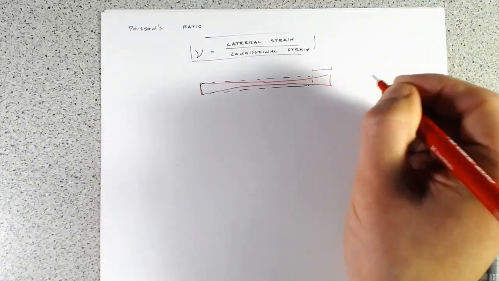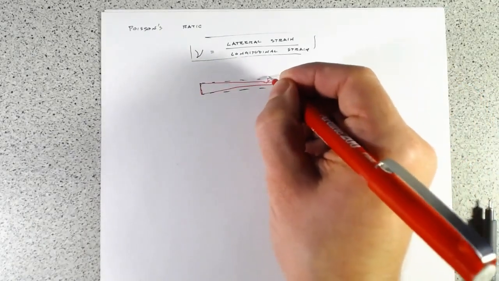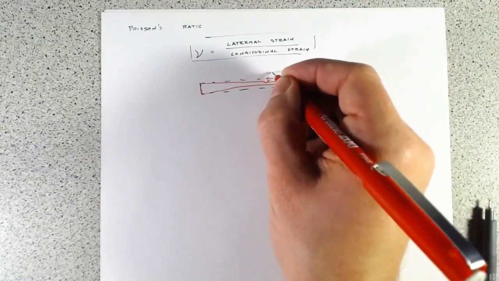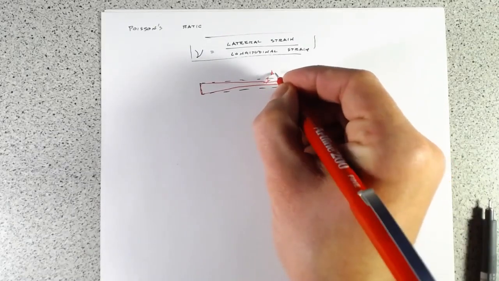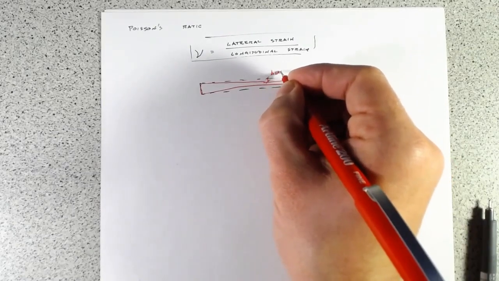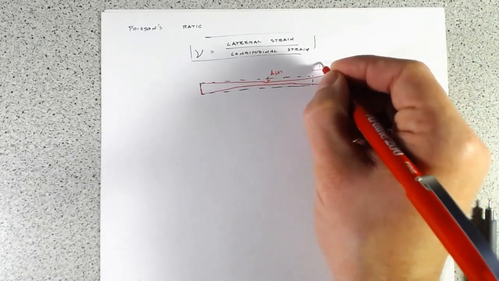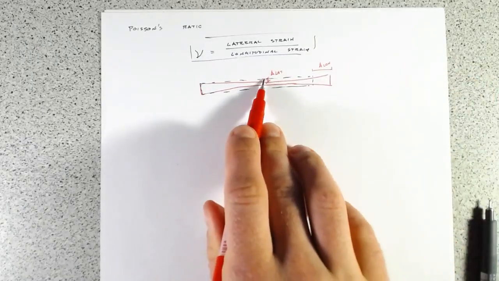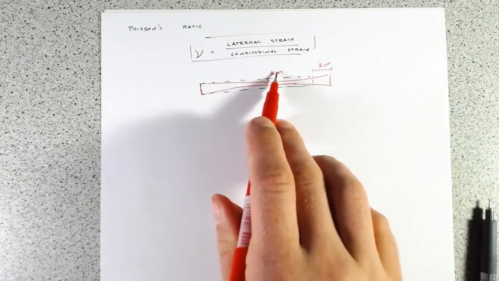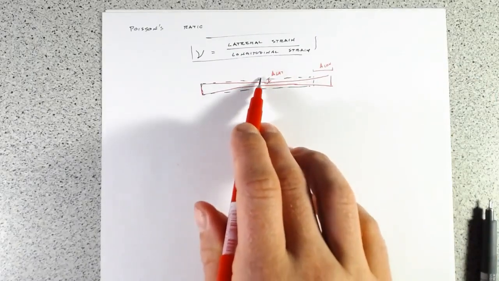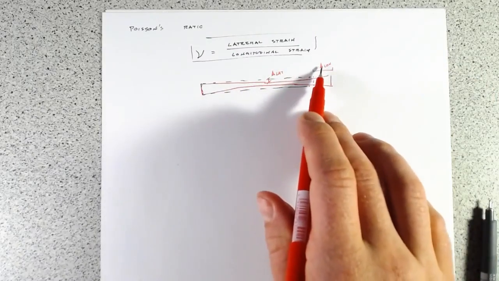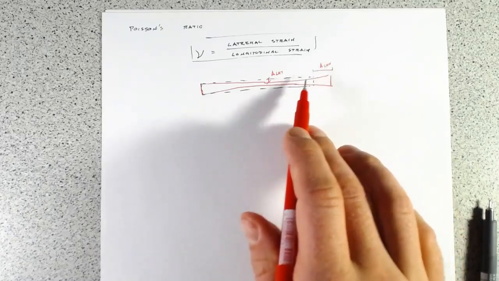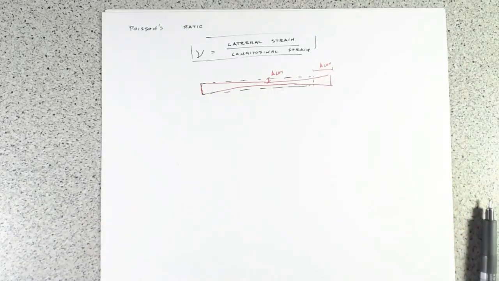You've got some strain here, and we'll call this delta lat, delta long. It's going to be the difference in this width, so this deformation divided by this width, and this deformation divided by the original length.